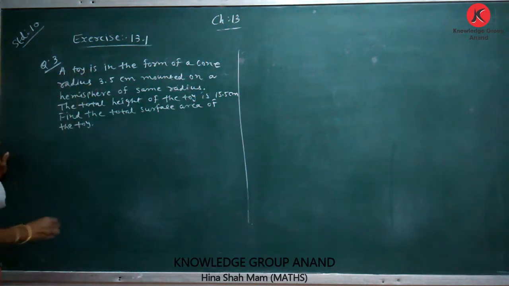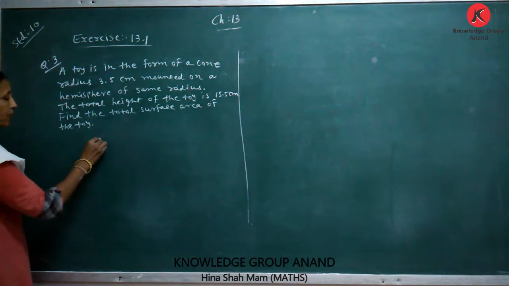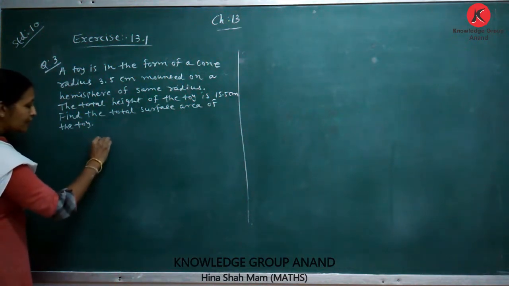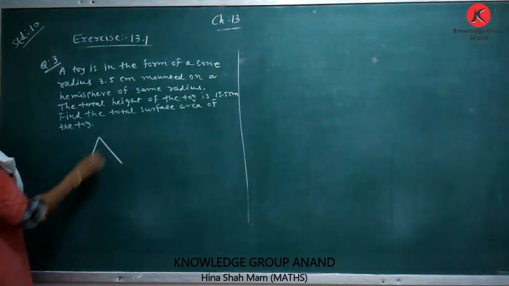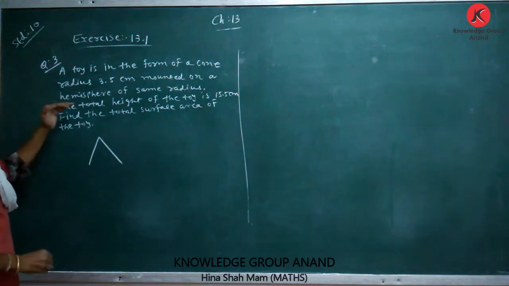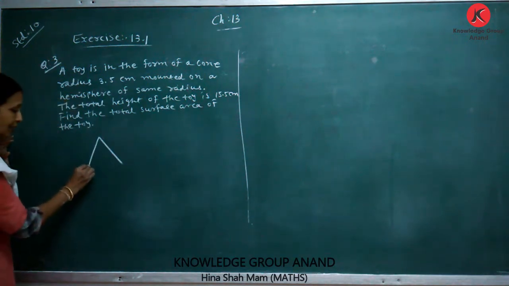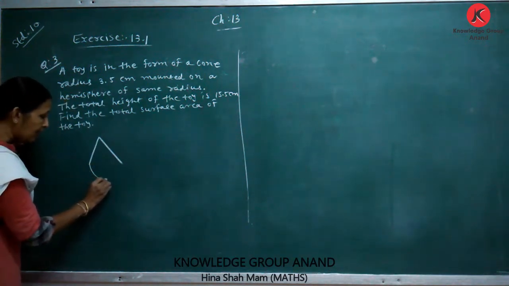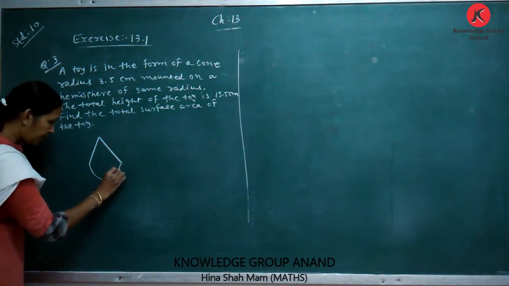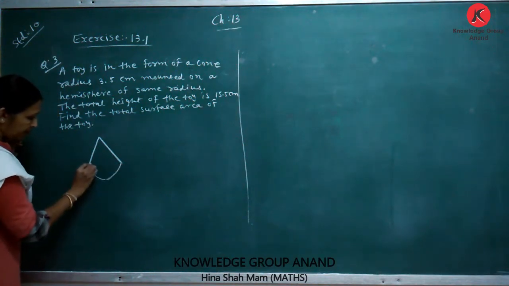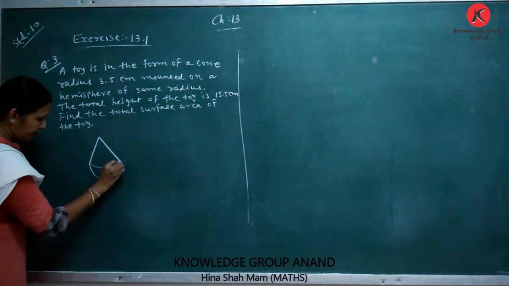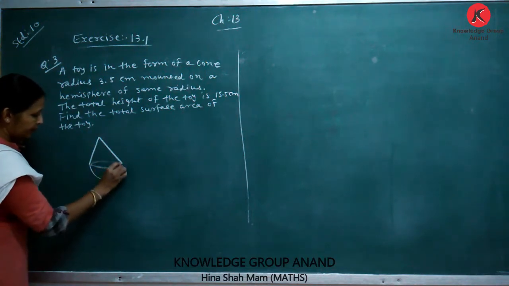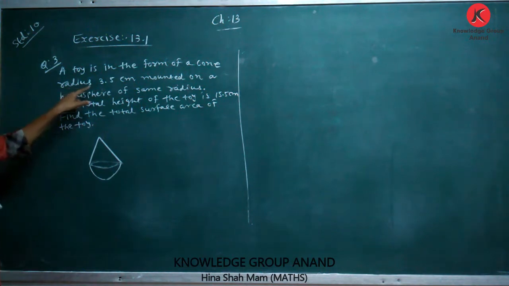The toy is in the form of a cone, radius 3.5 centimeter, mounted on a hemisphere. The toy is like this shape. The hemisphere has the same radius.